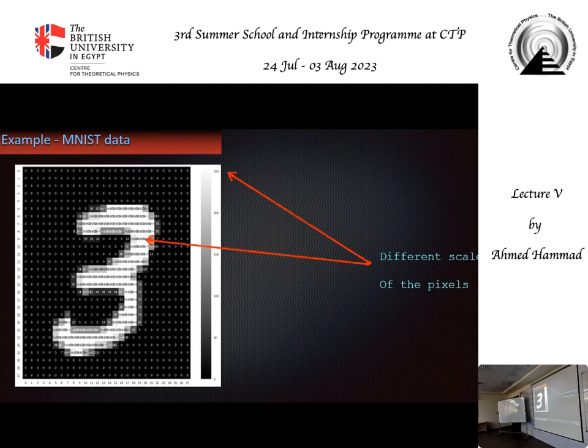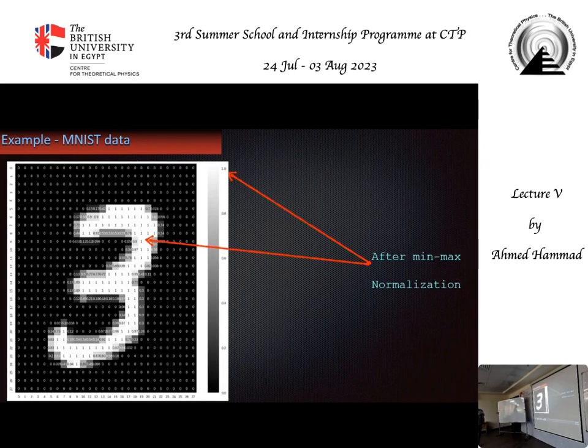Because with standard scaling you have a Gaussian distribution, and then you may have negative values. But in min-max, you normalize such that your pixel density is from 0 to 1, so no negative numbers enter here. After we do that, you find that now the scale is ranging from 0 to 1.